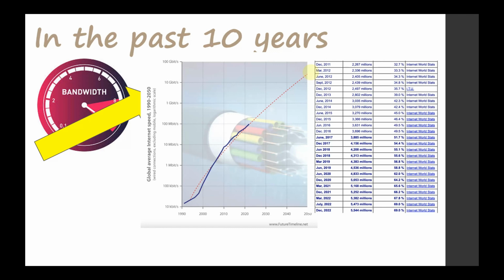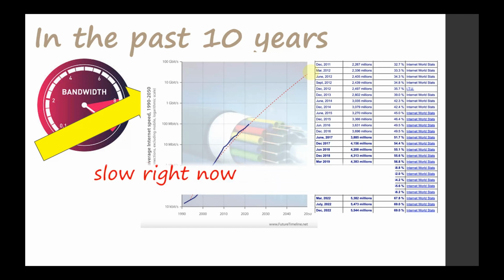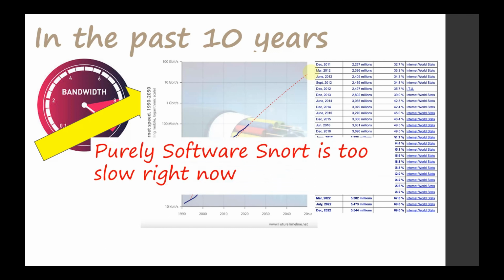If we only use purely software Snort, it cannot handle that big amount of fraud messages. So purely software Snort is just too slow right now. We really need a method to improve the speed by using hardware.